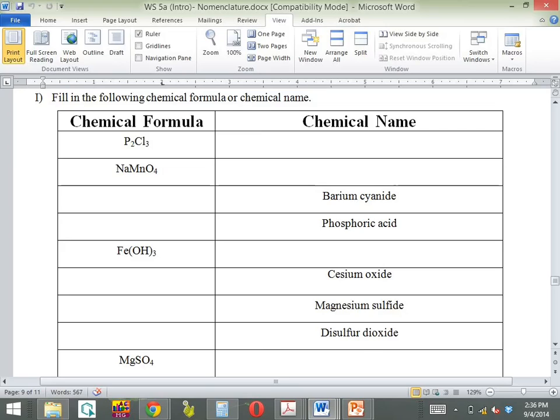Because that way you can kind of get your feet wet on all of them. You may need to finish this at home. This table is giving you formulas and names, but now we've got molecular compounds, ionic compounds, and acids all mixed up together.